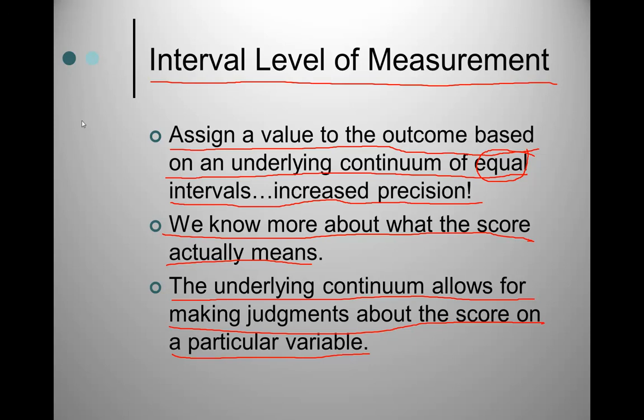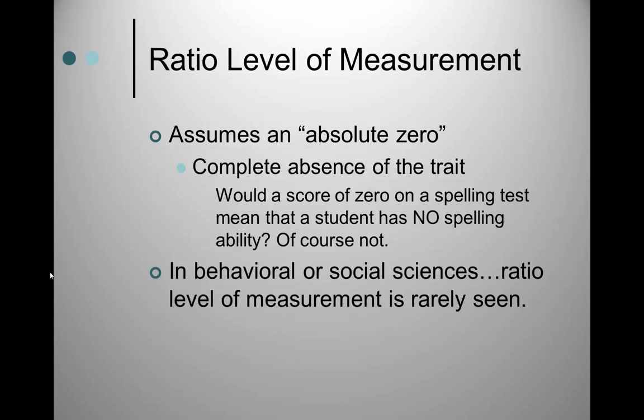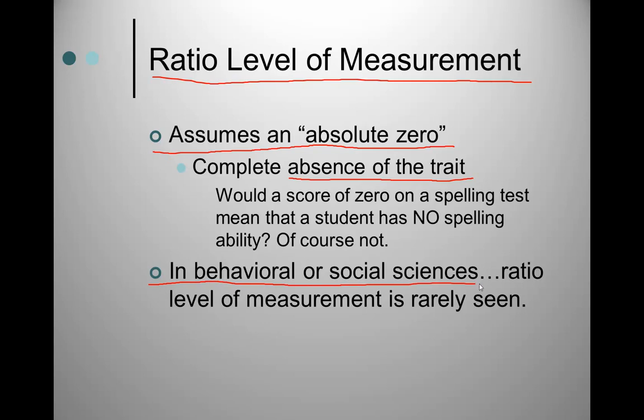And finally, we have ratio level. Now, let's look at the points here. It assumes an absolute zero, or an absence of the trait. In behavioral or social sciences, ratio level measurement is rarely seen.